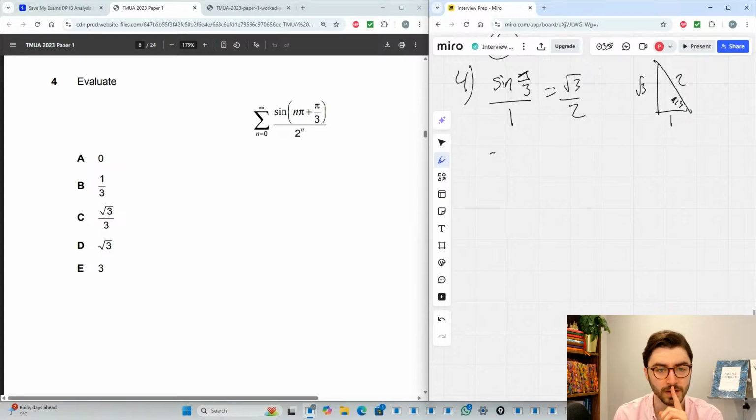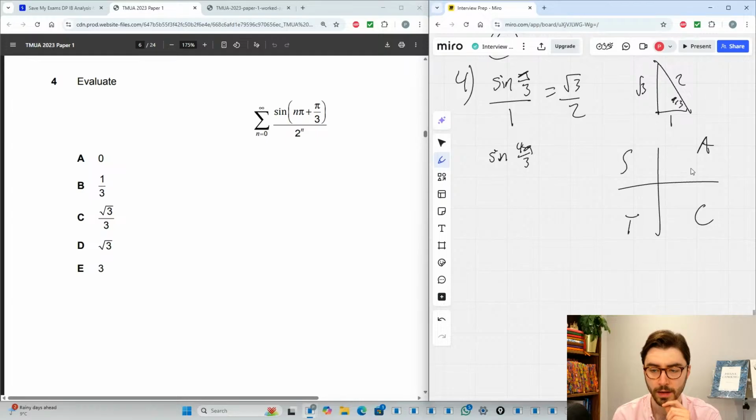So the next one is sine of 4 pi over 3. So we're adding a pi to that. And on the CAST diagram, adding pi to that is going to put me in tan, so sine will be negative, all over 2. So it would be negative root 3 over 2 times a factor of a half.